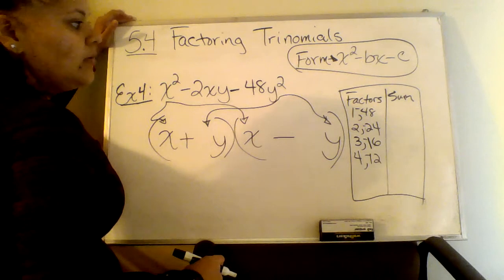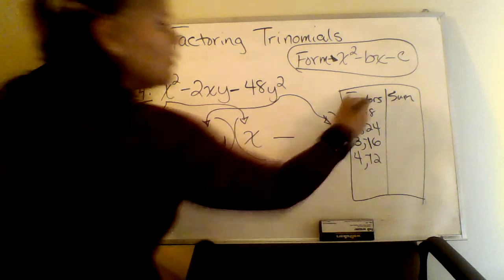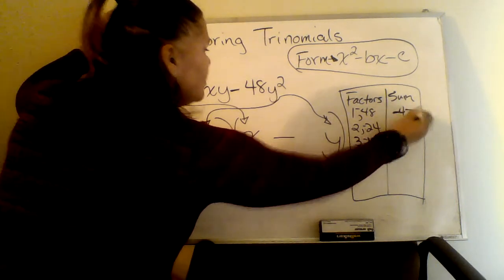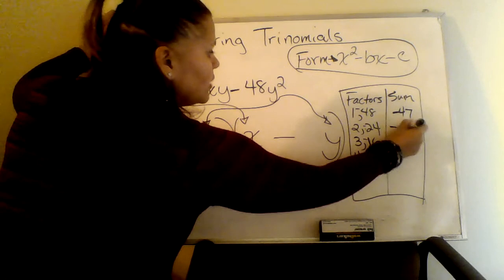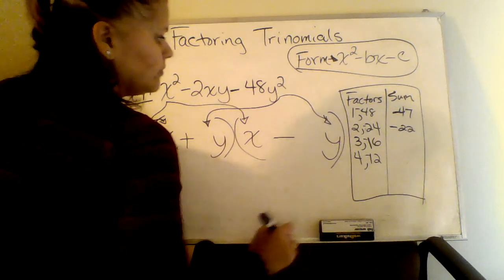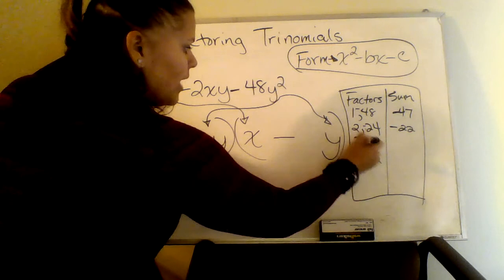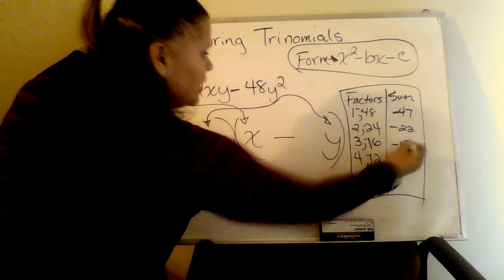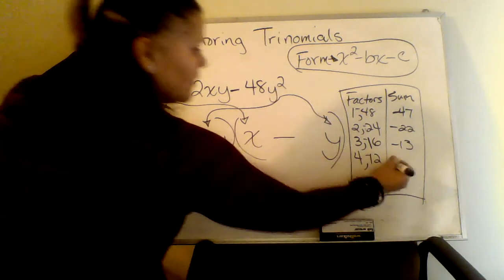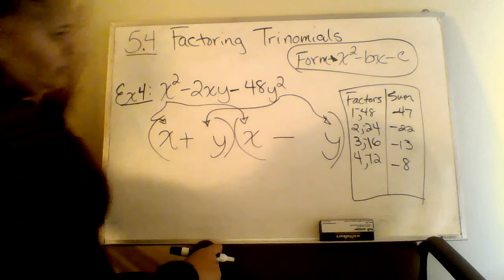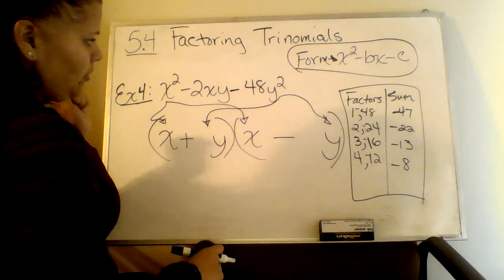Okay, now, because they're different, we subtract. So right here you have a negative 47, negative 22, then we have negative 13, negative 8. We don't have a negative 2 there in the middle yet.